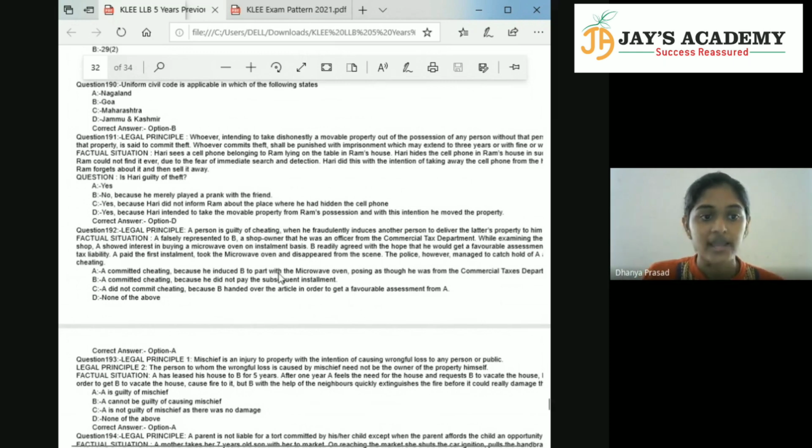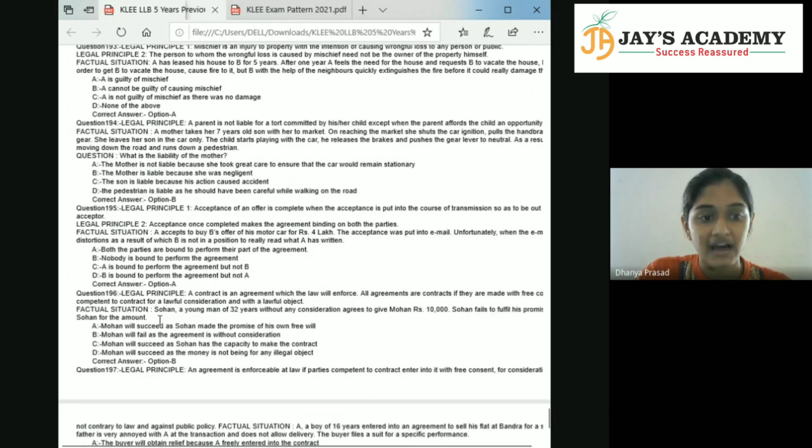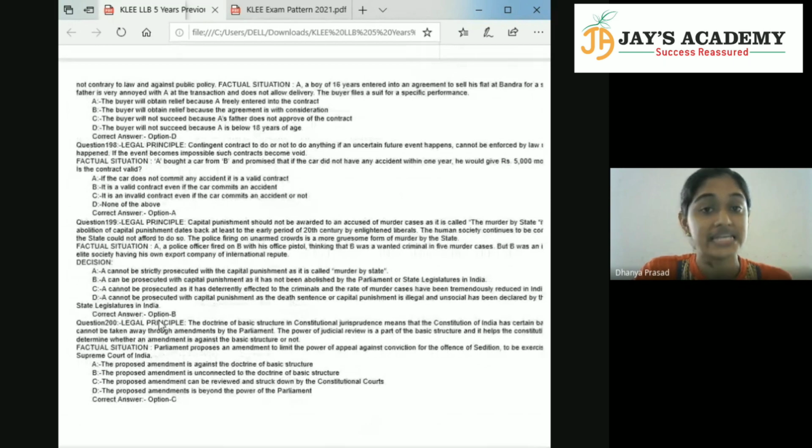Okay, so similarly, you will have these legal principle, legal reasoning questions in which you will have to apply this legal principle to this factual situation. For this, your prior knowledge may not be expected. Even if you do not know what the legal principle is, there is nothing to worry, because you can just read that legal principle, understand it as you read it, and then stick to that legal principle and just apply that to the factual situation.